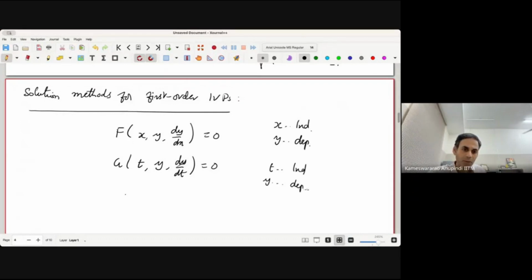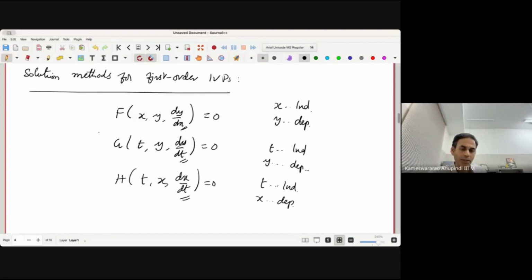Sometimes people might also use h of t, x, dx dt equal to 0, in which t is the independent variable and x is the dependent variable. Whatever appears in the derivative's denominator is the independent variable. So this is basically a first order ODE.